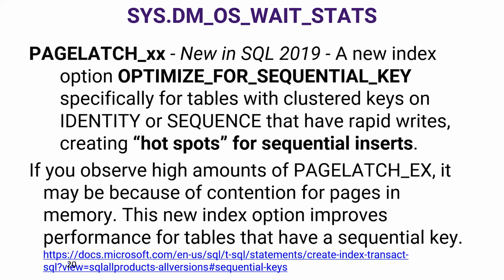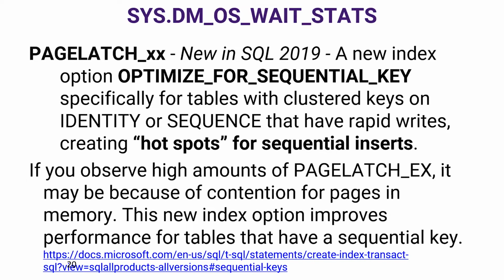Page latch, new in SQL 2019, there is an index option called OPTIMIZE_FOR_SEQUENTIAL_KEY. When you get onto 2019, definitely look for this. Because if you're like me, my table pattern starts with an identity column or a sequence column, depending on the need, but an identity column that is the primary key clustered index of the table.